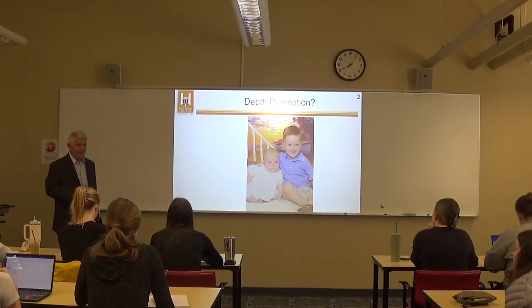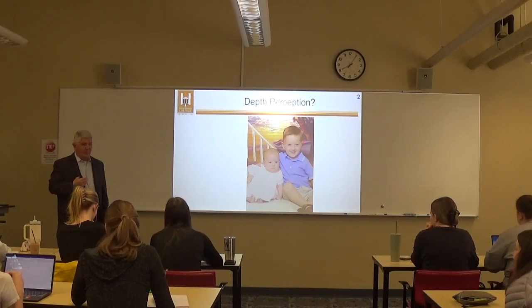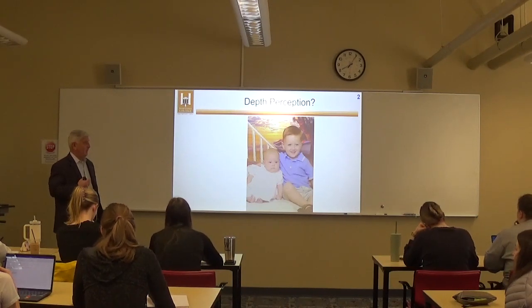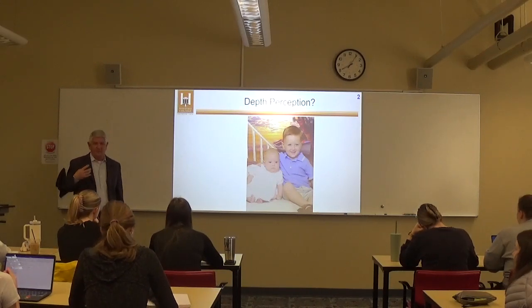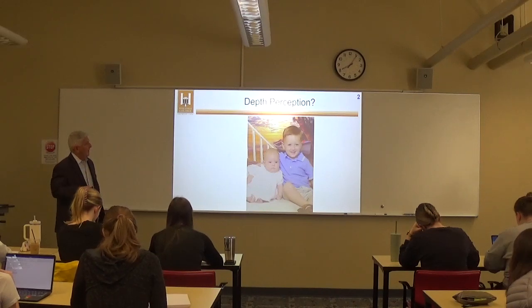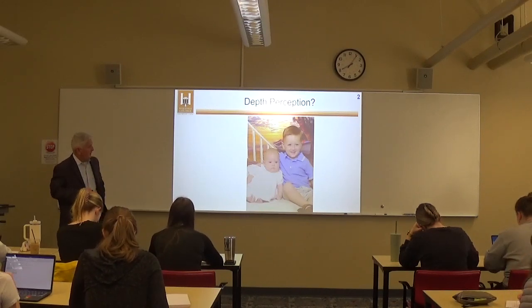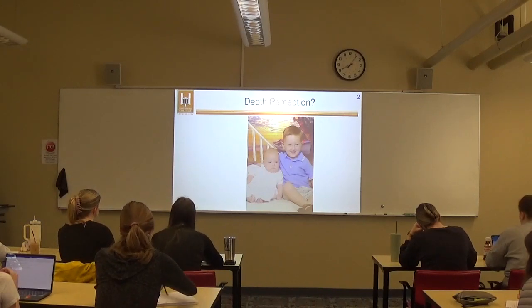What did we talk about last time? Color. Okay, there are different colors represented. Are you doing figure-ground separation? Is there a figure in the background? What are some of the cues that allow you to know that there's a figure in the background?